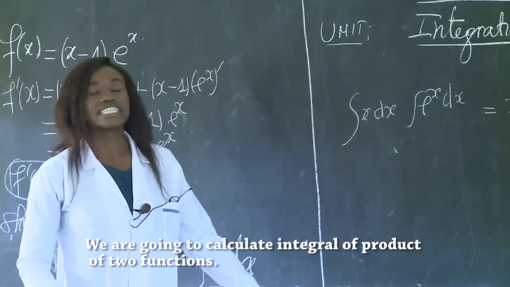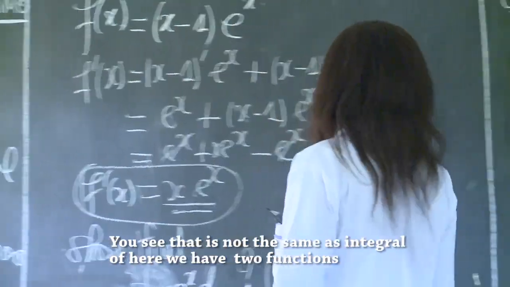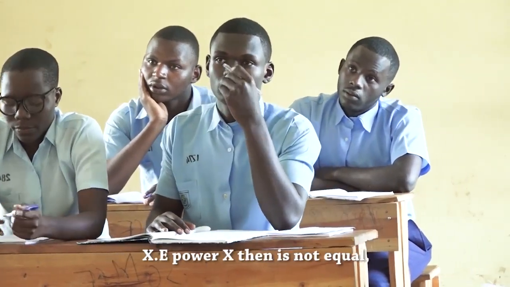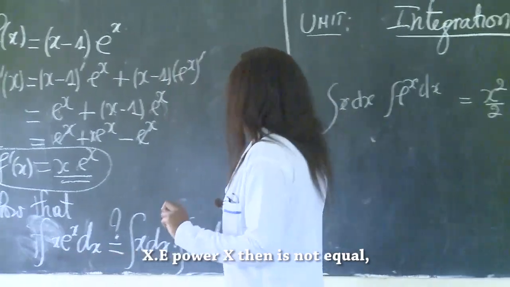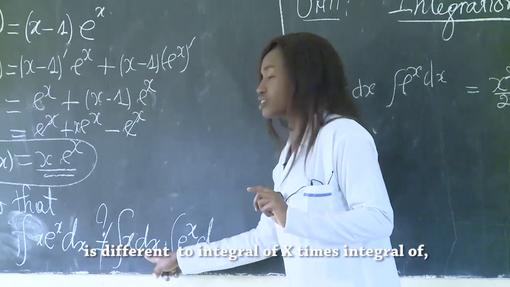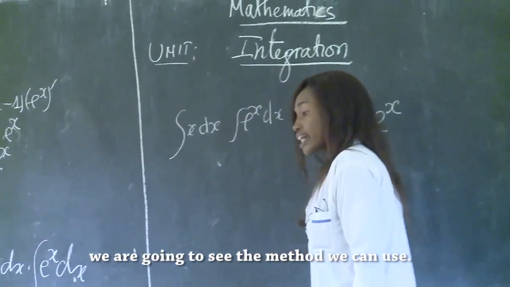We are going to calculate the integral of a product of two functions. You see that it is not the same as the integral of x times the integral of e power x. Here we have two functions, and it is different. We are going to see the method we can use.